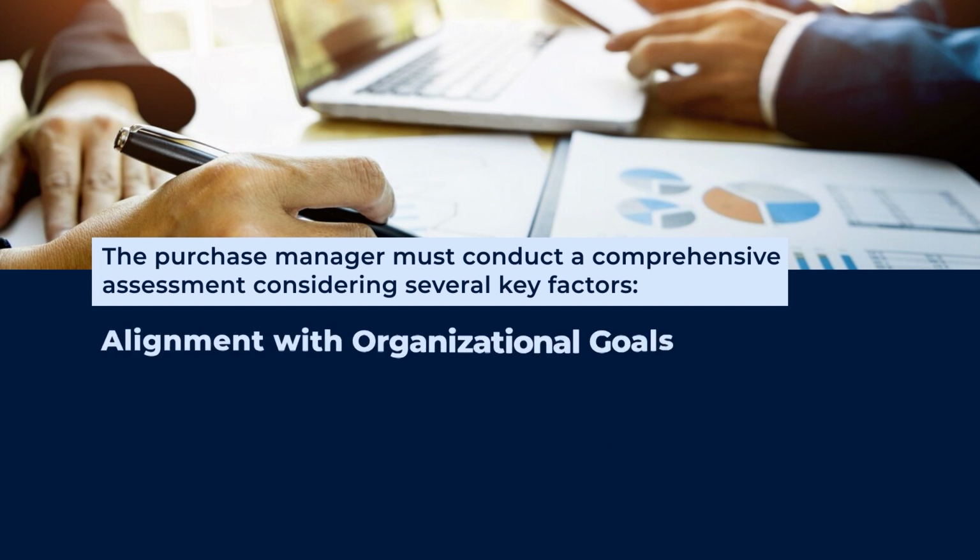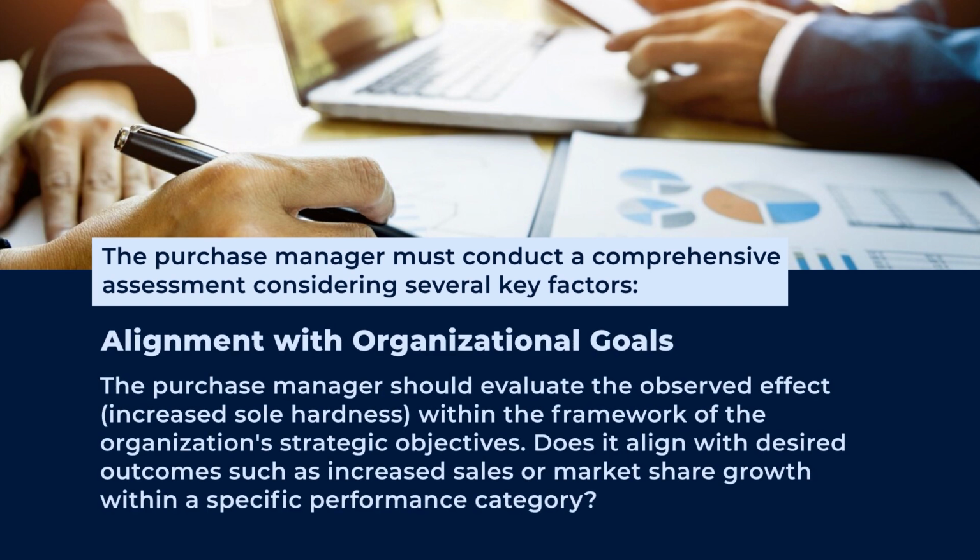Next factor can be alignment with organizational goals. The purchase manager should evaluate the observed effect, that means increased sole hardness, within the framework of the organization's strategic objectives. Does it align with desired outcomes such as increased sales or market share growth within a specific performance category?